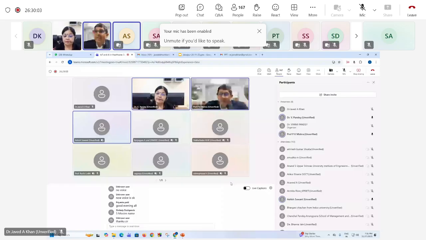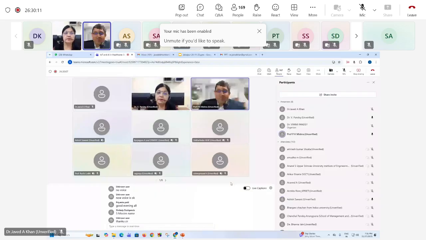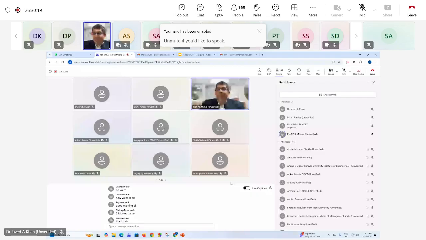Basically, we are applying machine learning or deep learning models to voluminous data, not to low volume data. That is the first reason. Is it clear? Yes, sir.